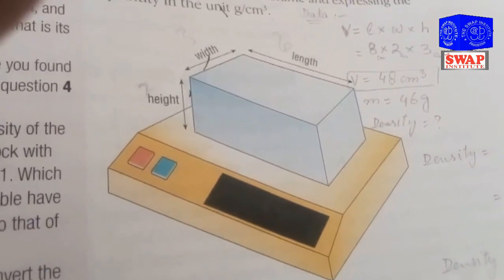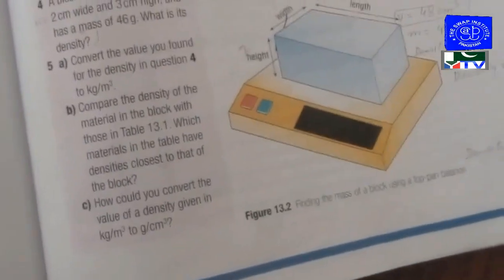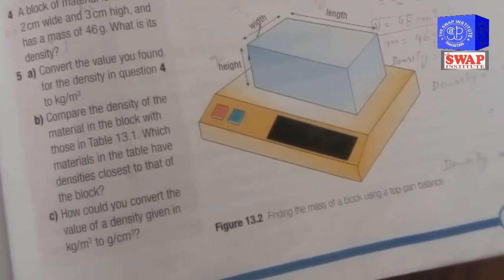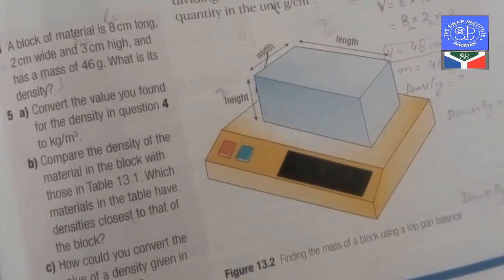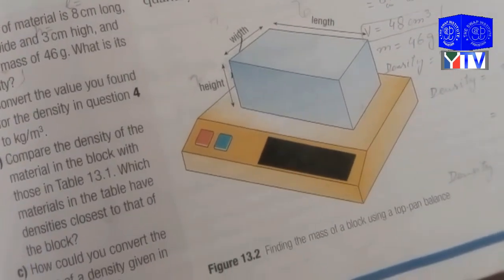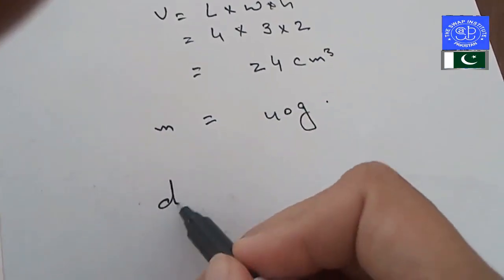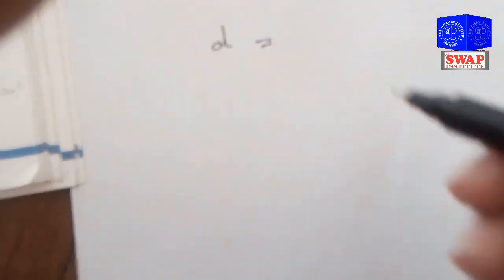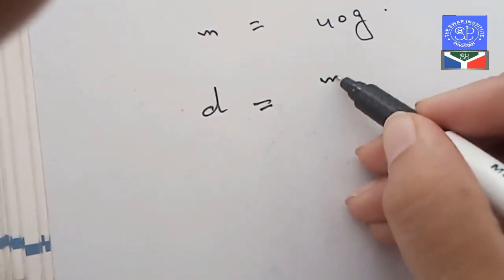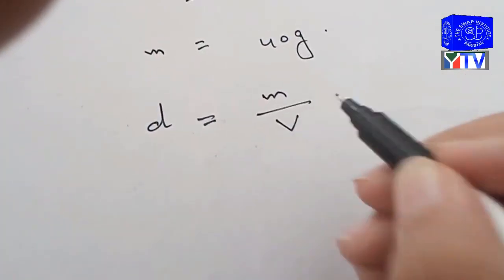Let's suppose the mass of this block is 40 grams. Mass is equal to 40 grams, right? So we know that density is equal to mass over volume.